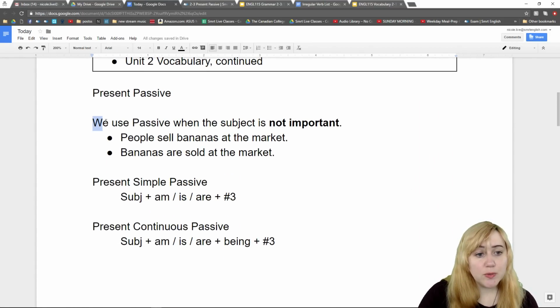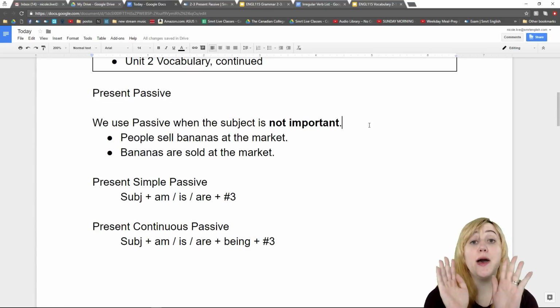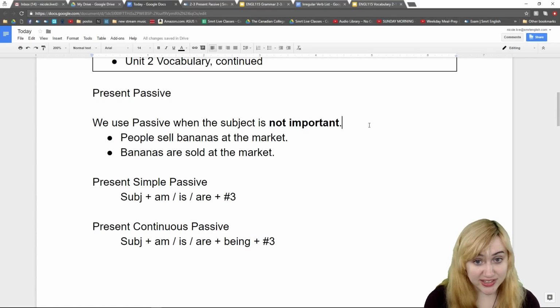So first, we use passive when the subject is not important. So this is up to you. If you think the subject is not important, you can use passive voice.